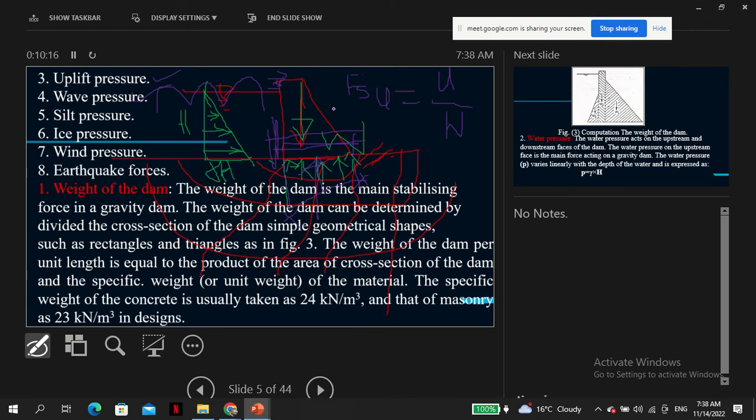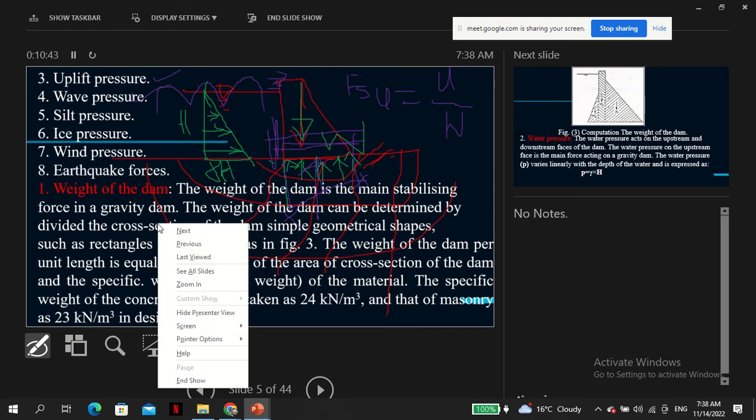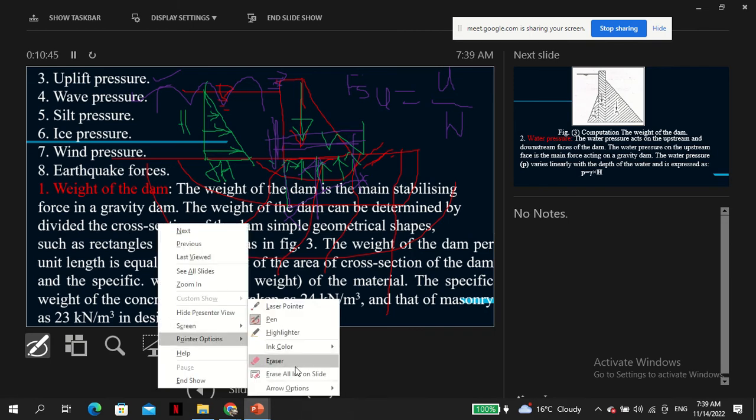In fifth year you should have already known how to design for horizontal loads on structures, like wind and earthquake, of course. And then there's also earthquake pressure. Of course, earthquake will come and will shake the dam, will move the dam back and forth. So you need to consider all these things, each at a time.